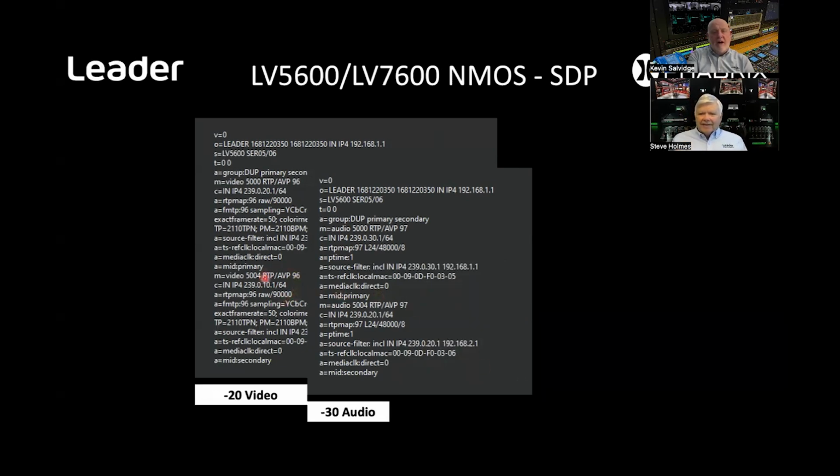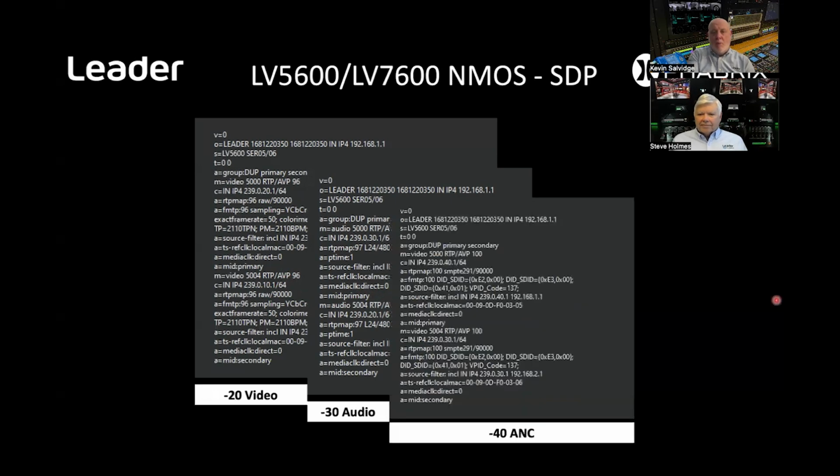Here on the -20, we've got 96. Over here on the audio, we've got 97. And when I bring up the ancillary data, which is a -40, you can see here now that it's gone to 100.